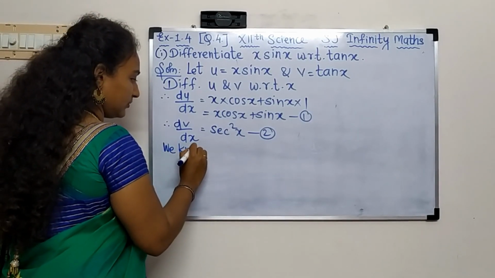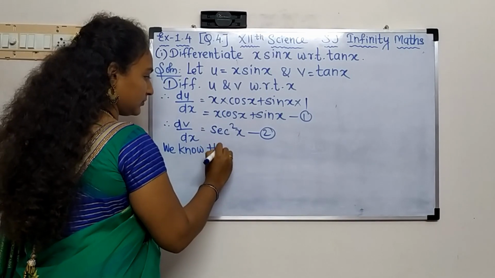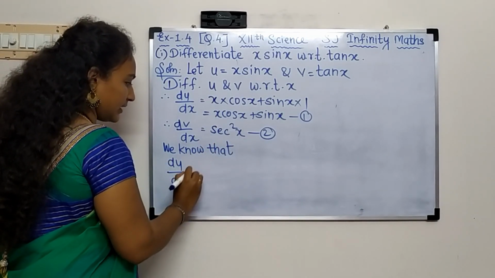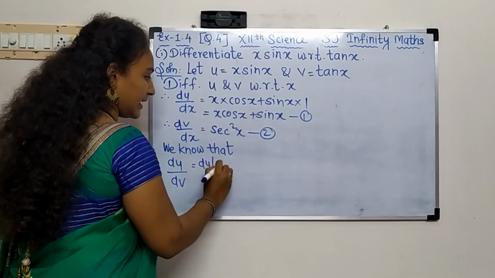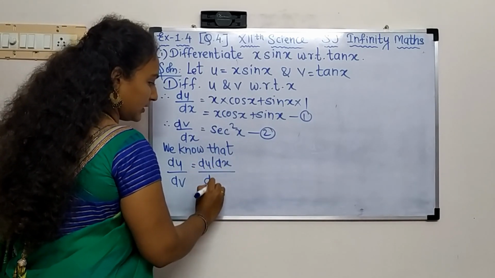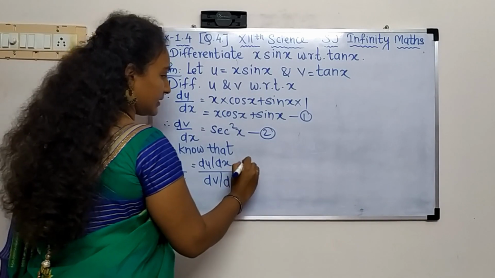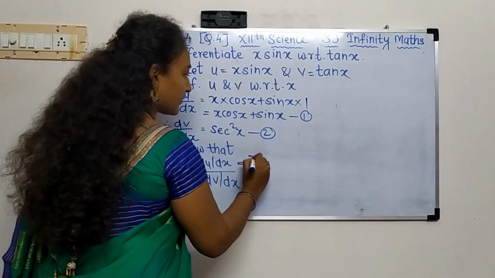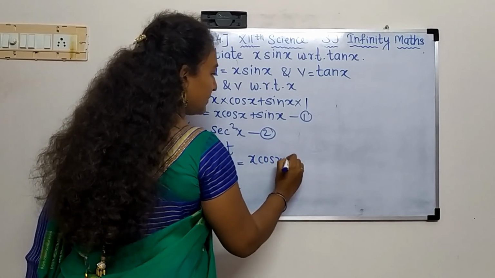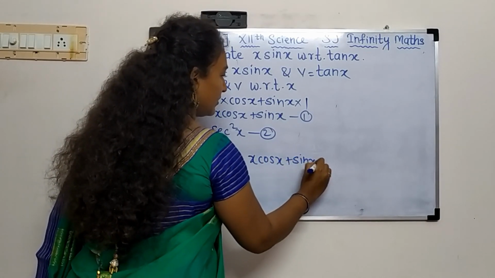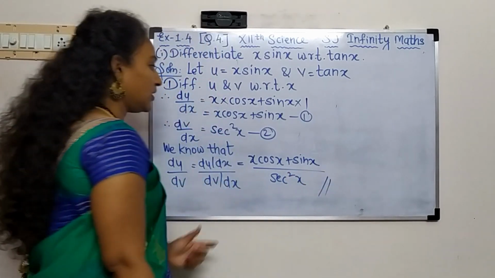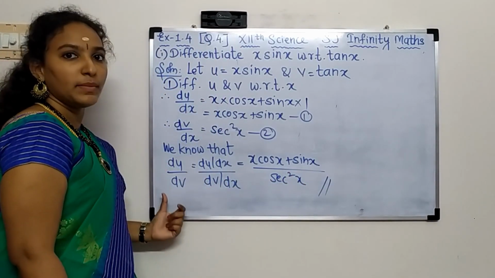We know that du upon dv is equal to du by dx upon dv by dx. Just substitute equation number 1 and 2 over here. So we get x cos x plus sin x upon sec square x. Okay. So this is the answer for du by dv.